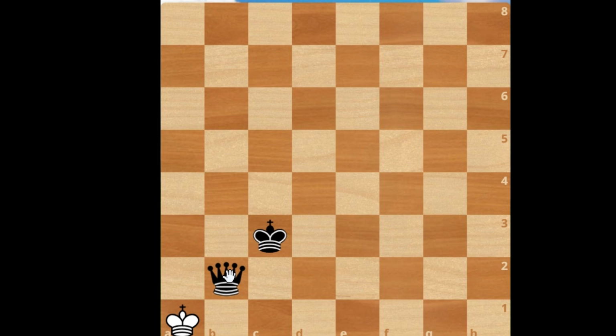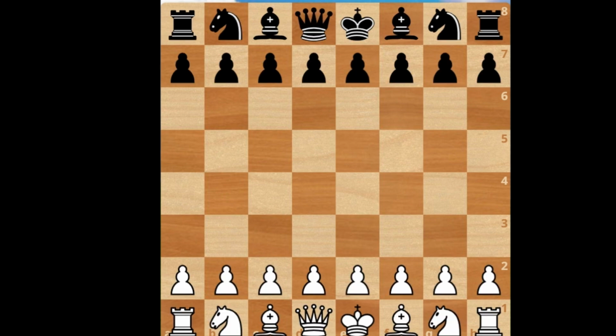Now, as you can see, I just set the startup position. There's one king per side, one queen per side, two bishops per side, two knights per side, and two rooks per side. But there are also eight pawns per side.